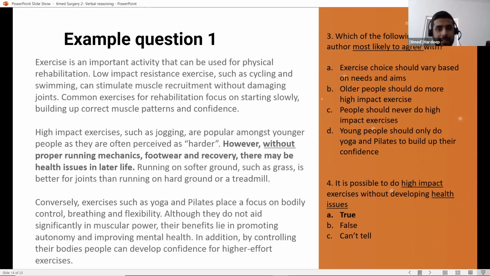So that's the first example question. If you have any questions on anything I've talked about here, then please do let me know. But this is a relatively realistic style, and obviously, you can see how you would use the keywords to more efficiently go through the paragraph. You're looking for keywords.